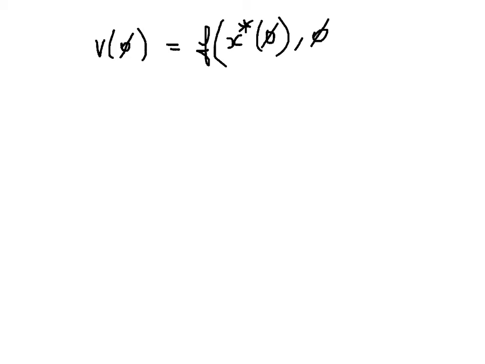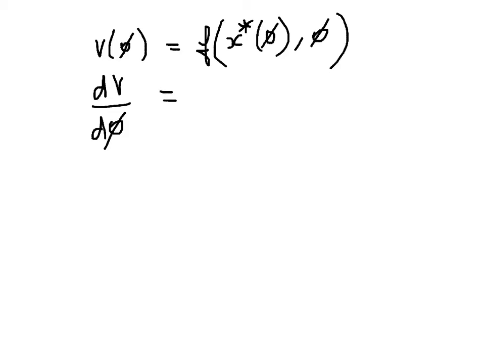So let me first write again that the value function is a function of phi, and that's simply equal to f with x star defined over x star, which itself is a function of phi, and f is also a function of phi. And now I'm interested to look at dv d phi. So I'm going to write first the chain rule here, focusing on the indirect impact of phi on the objective function.